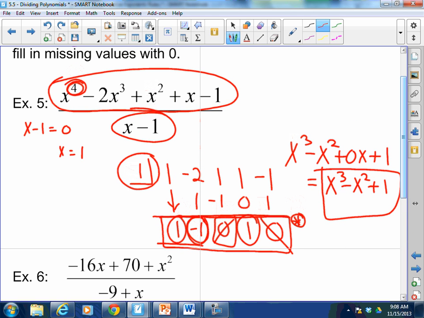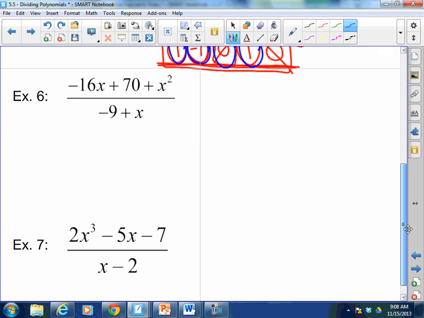These are the coefficients of your answer, starting with 1 less exponent. So this is 1x cubed minus 1x squared plus 0x plus 1, and you have a remainder of 0. Okay. Thank you, son. God bless you.